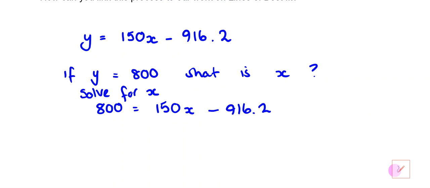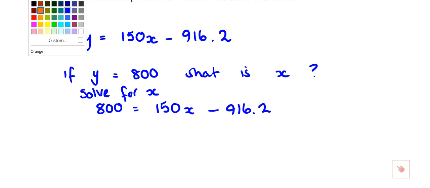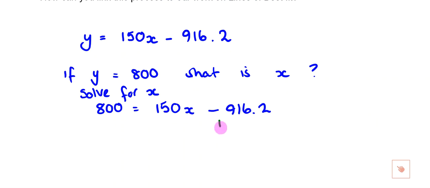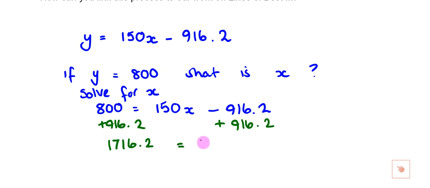Add 916. So we added 916. Why did we do that, by the way? So that x is on its own. Okay, but why did I add 916.2? Why does that work?